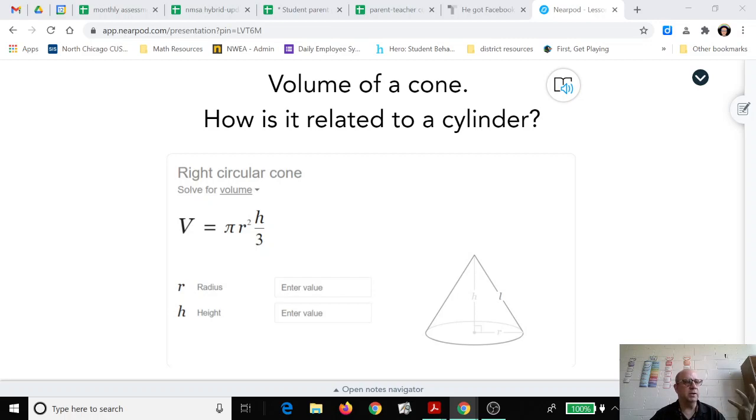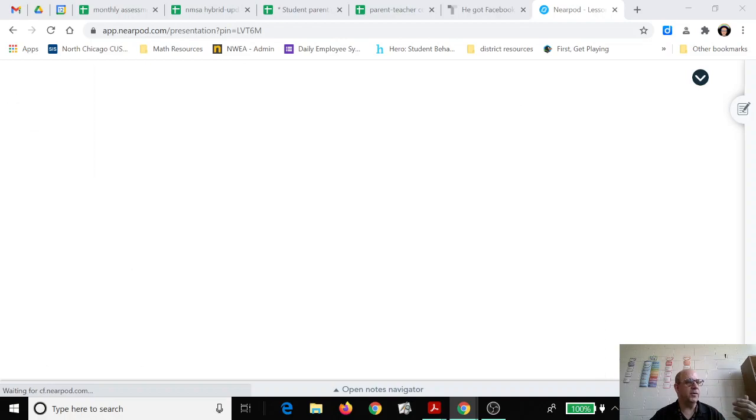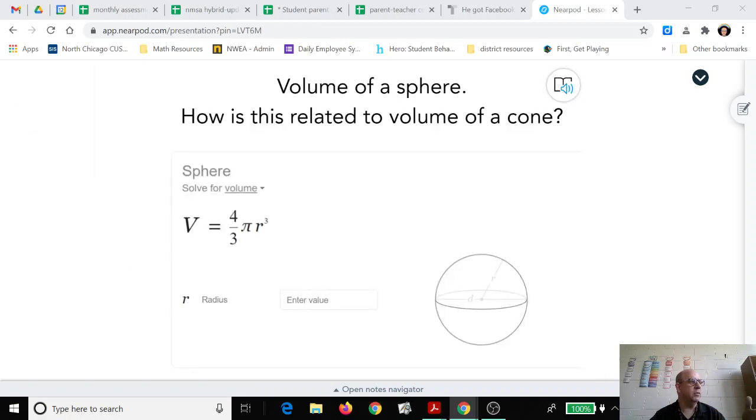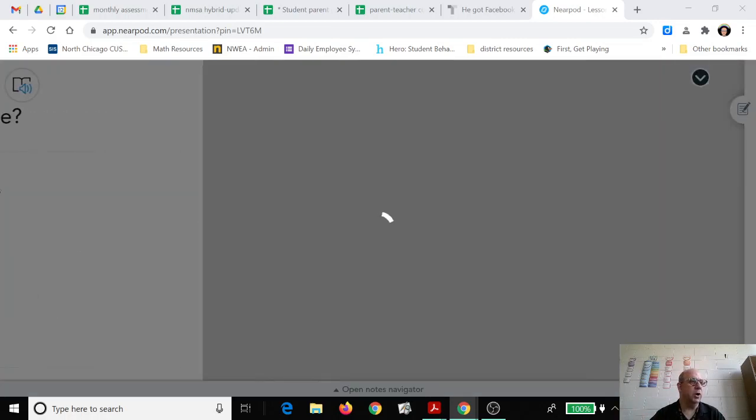It's basically a cylinder with 1/3 of the stuff missing. And then there's a sphere, which is a ball, and this is the formula for that. And really, you only have one number, which is a radius. And notice it's cubed, not squared. So if you were putting this in a calculator, you would say 4 times pi times radius times radius times radius, and then you would divide all of that by 3. And that's it. That's all the stuff.